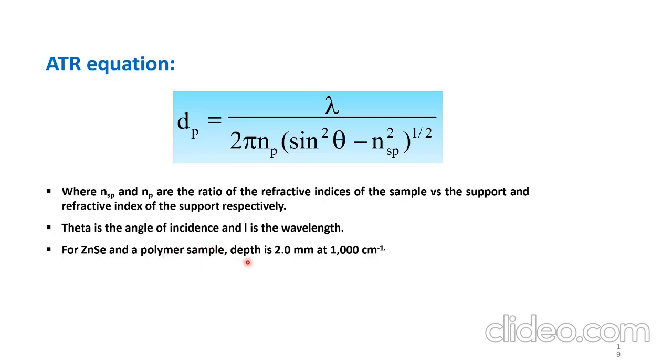In that case, we can get a depth up to 2 mm at a wave number of 1000 centimeter inverse. So in such a way, if we want to check how much depth it is going inside the sample, we can check.